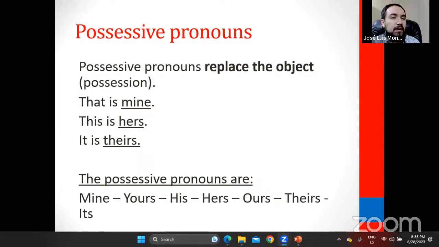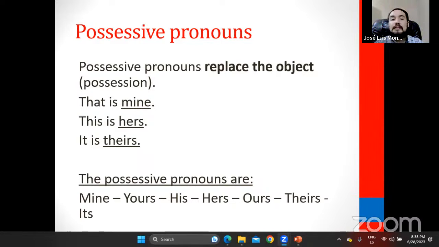You cannot say that's mine cell phone. That's incorrect. If you want to use or mention the object, don't use possessive pronouns. Use possessive adjectives.